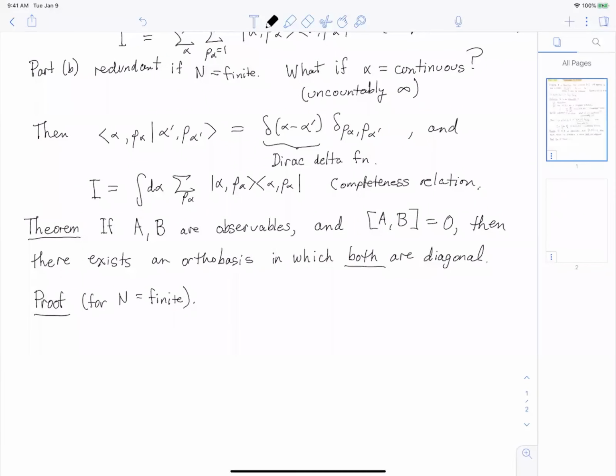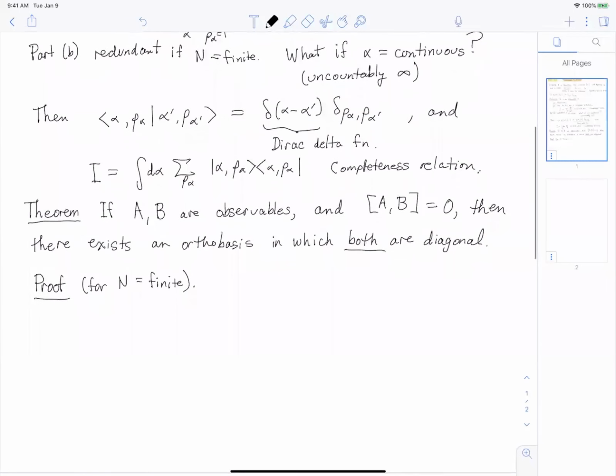Okay, so the proof is, first, from what we just defined, we know that we can find a set of states that are eigenstates of A. So we can find a set of states such that A acting on them, I'll give them an index now, |α_n, ρ_αn⟩, is equal to the eigenvalues α_n times the eigenkets back again.